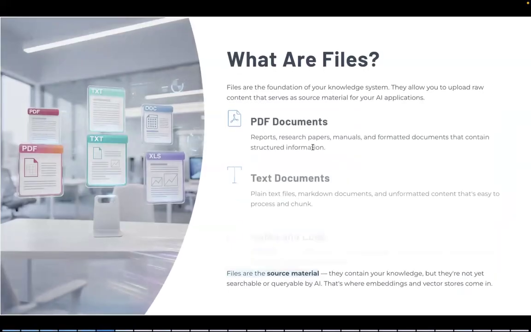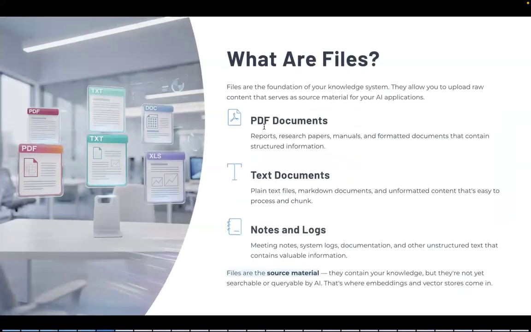At the highest level, these are just files like PDFs, text, or notes, whatever the format. There was a world before PDFs existed, and maybe in the future there'll be some new file format. It doesn't really matter. In general, files are just source material, as we see in the text here. They just contain knowledge.